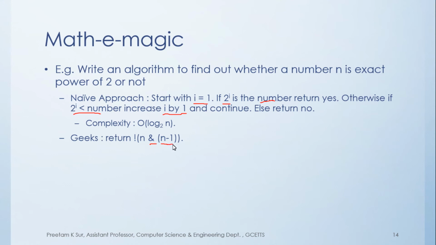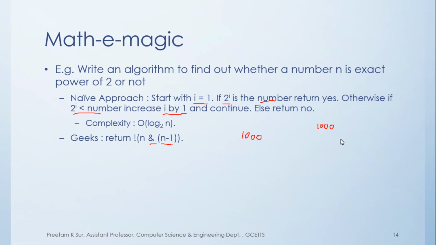See, any number which is an exact power of 2, if you represent it in binary, will have the format 1 0 0 0 like that. If you take 2, which is 1 0, if you take 4, which is 1 0 0, if you take 8, which is 1 0 0 0, right?